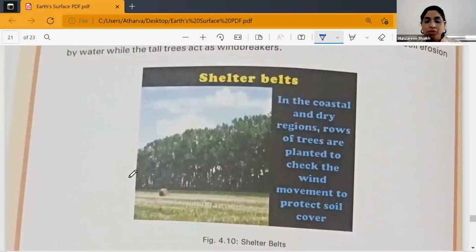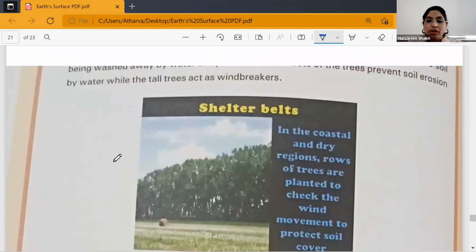So why do they do that? First of all, it can help avoid soil erosion, and it can also help the small plants to grow perfectly without any disturbance of the wind. So it also acts as a barrier for the wind, and it also helps in preventing soil erosion.